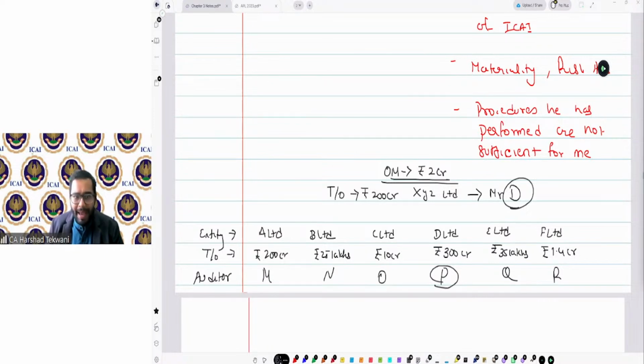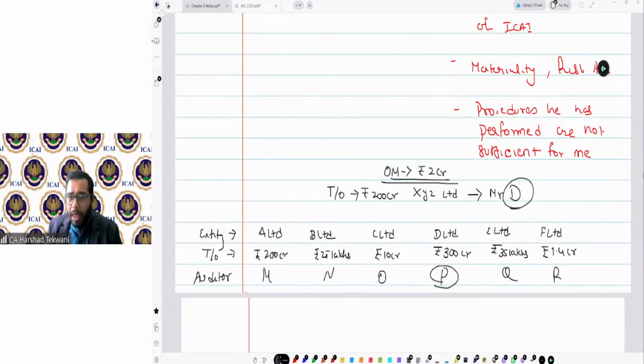Like, can Mr. P tomorrow say, okay, I am auditing 300 CR, now I am principal auditor, you are not the principal auditor? So, all you guys are saying D is the principal auditor because he's auditing the holding company.